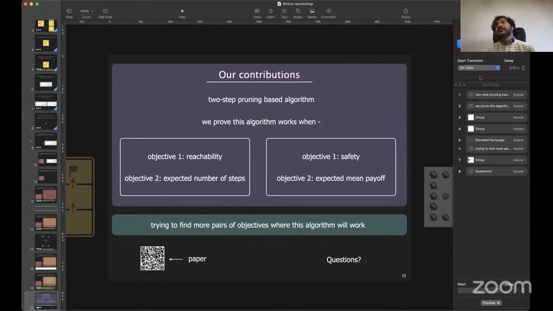Yes, so I think that's a good suggestion. So perhaps you can do that, but we just use these two objectives as we want to use just off-the-shelf tools. So when we just ask the tool to give us a strategy to optimize the probability, it just gives us that. And we did not, at least in this work, want to analyze the intermediate steps.